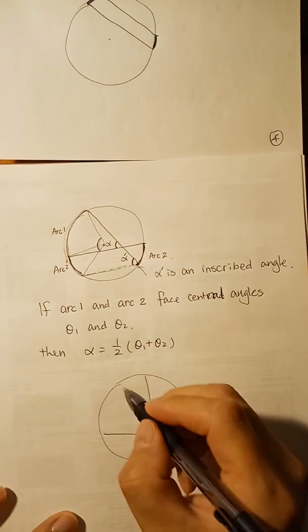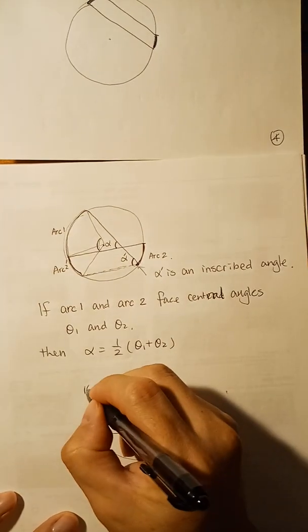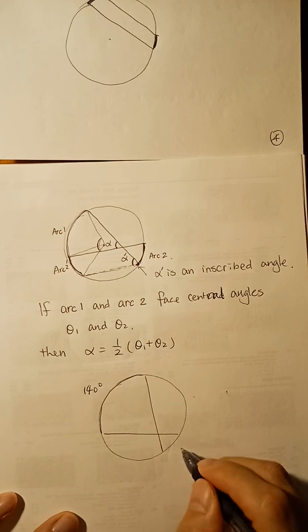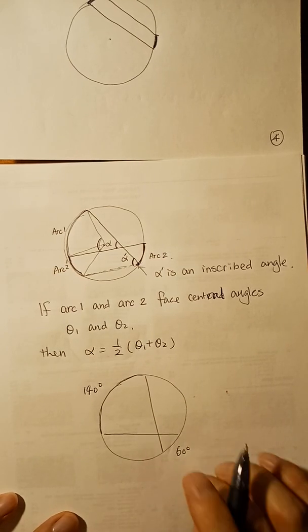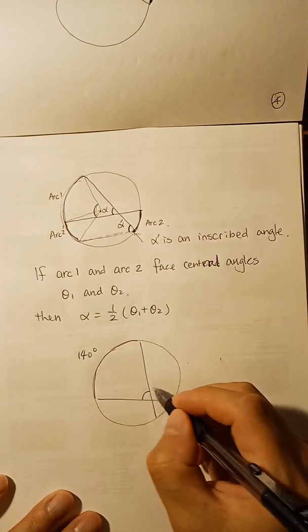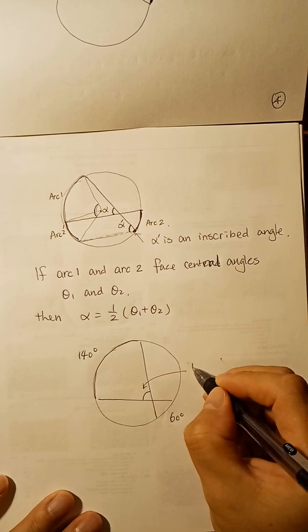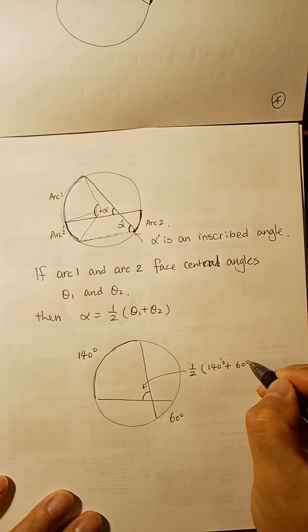For example, let's say this arc faces an angle of 140 degrees, and this arc faces an angle of 60 degrees. We just assume, we don't measure. Then this angle is going to be 1/2 (140 plus 60).